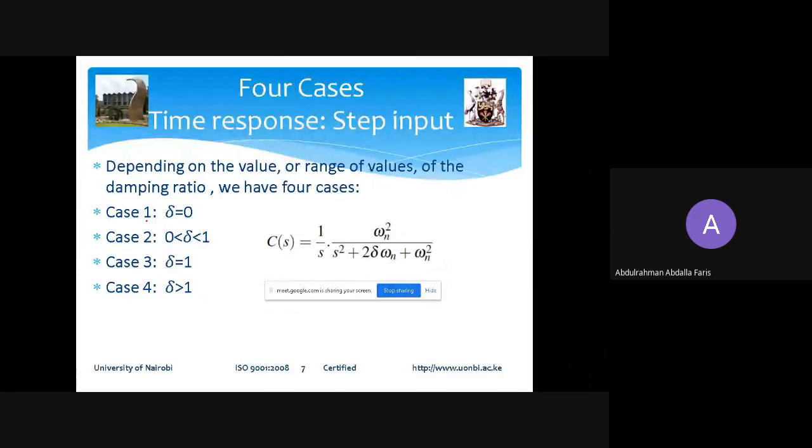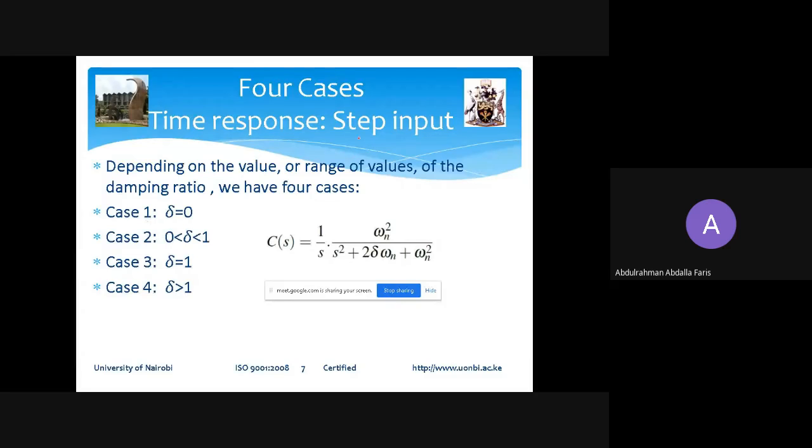So we'll see, for case 1, when delta is 0, how the system will behave with a step input; case 2, when delta is greater than 0 but less than 1, so positive but less than 1; case 3, when delta is 1; and case 4, when delta is greater than 1.